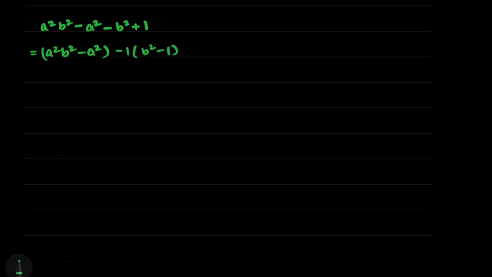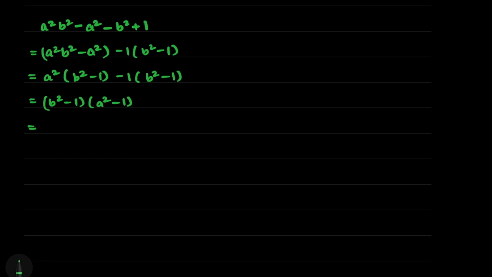Let's write a squared as the common factor on these two, so that would be a squared (b squared minus 1), and here we have minus 1 (b squared minus 1). We'll take b squared minus 1 as the common factor from both the terms, and then we're left with the quotient a squared minus 1.